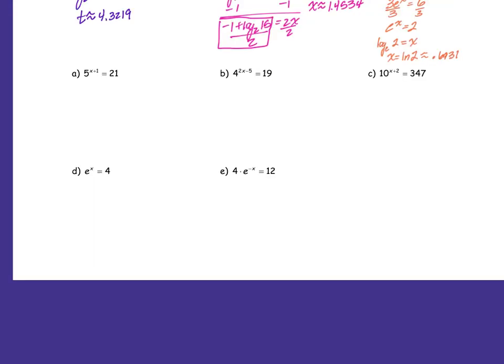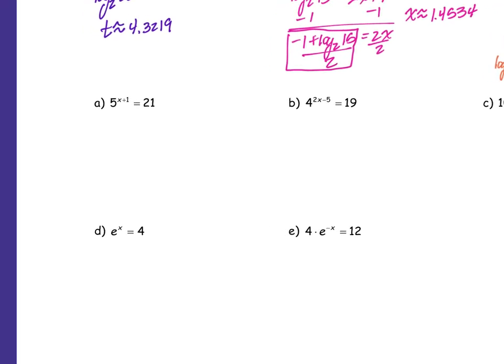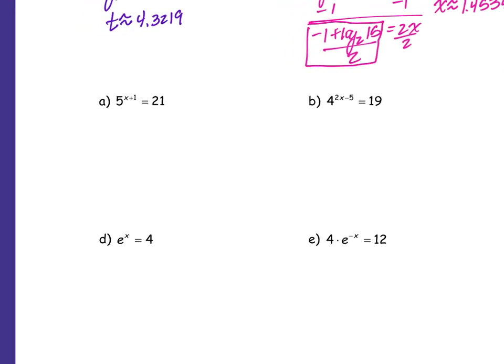Okay, let's see. So here we go. So I've got, let's see, what do I have? Log base 5 of 21 equals x plus 1. Subtract 1.